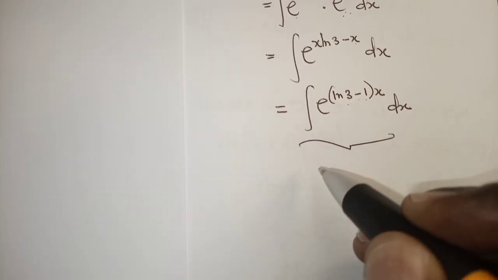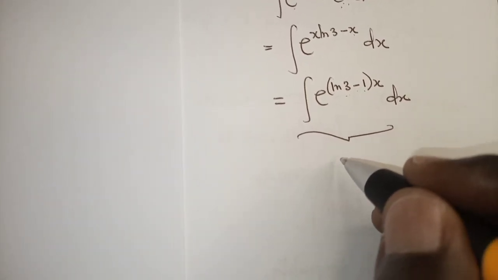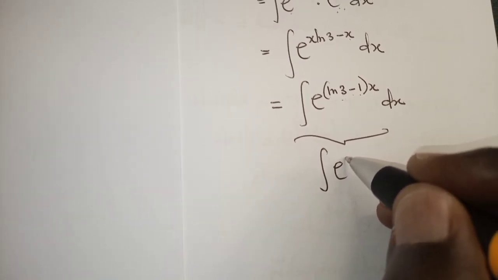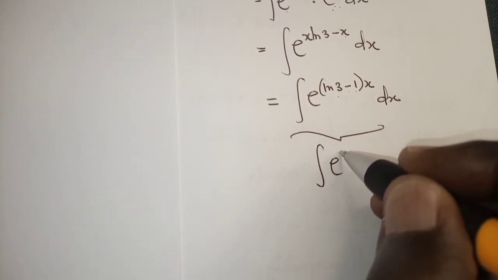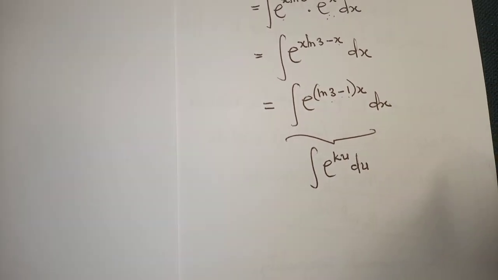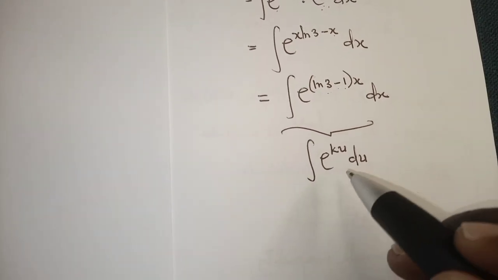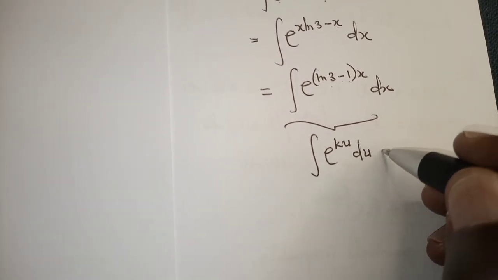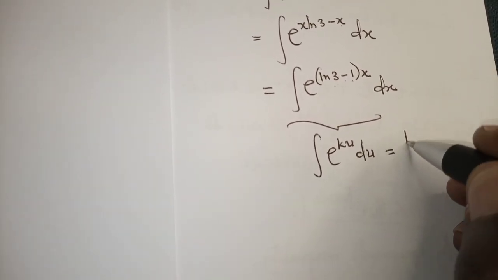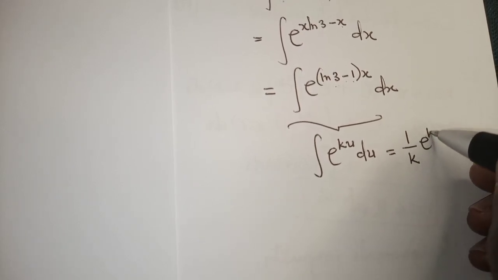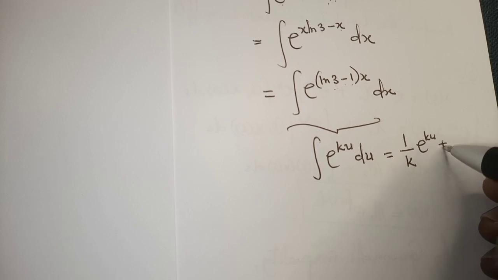It's similar to having an integral of e exponent a constant k u du. When we integrate this, we'll be getting 1 on k e exponent ku plus c.